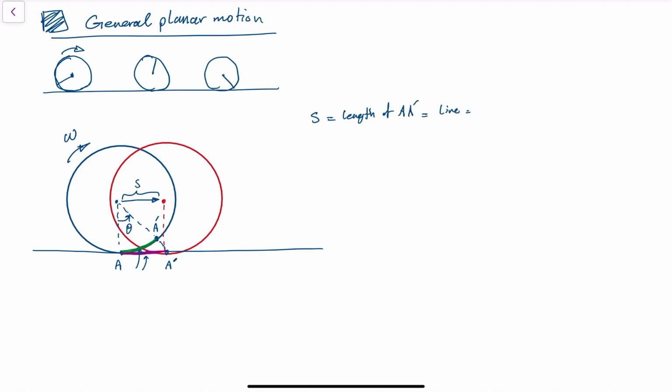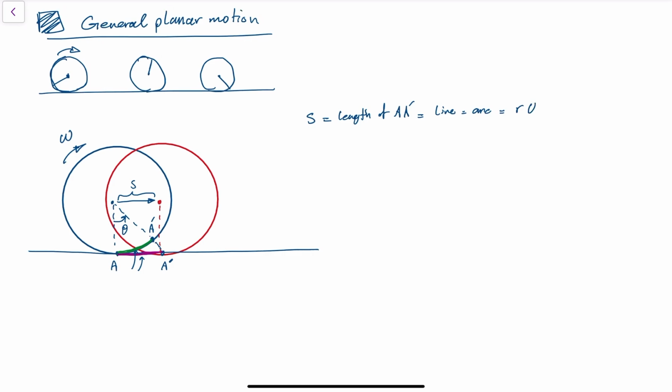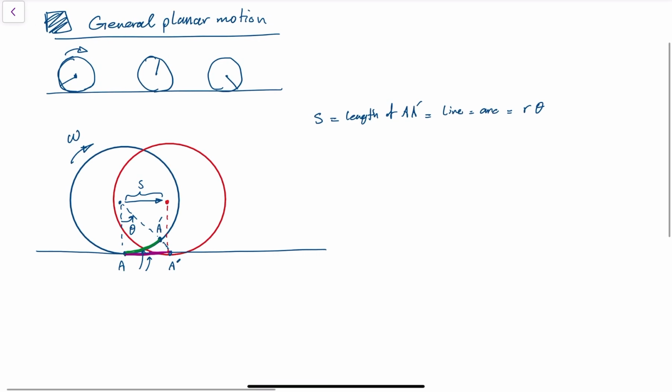Arc. It is both the length of the line and the arc on the wheel. And this one, from the arc, we know it is r times theta, theta being in radians. The radius is r.